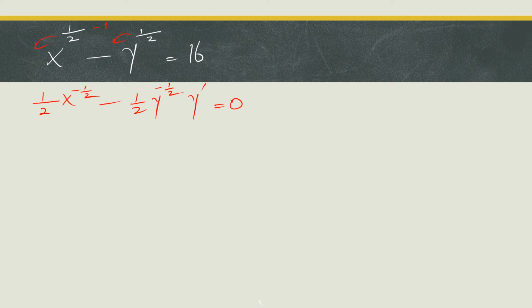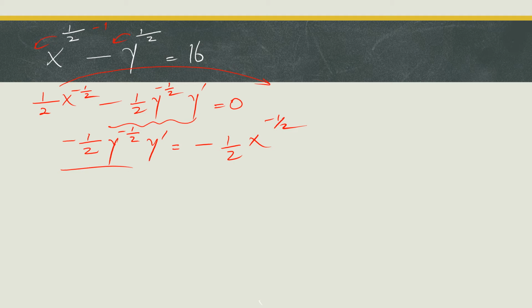Now solve for y prime. So bring the x values on the other side and keep the y prime values on the left hand side as it is. So it will give you negative half x to the power negative half.